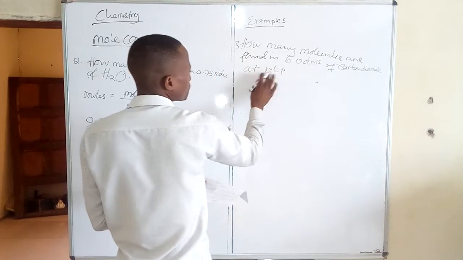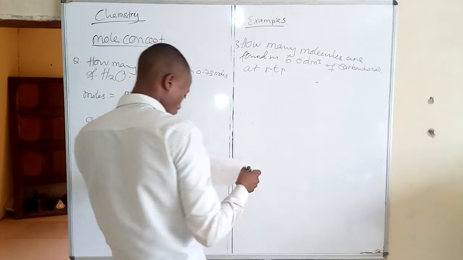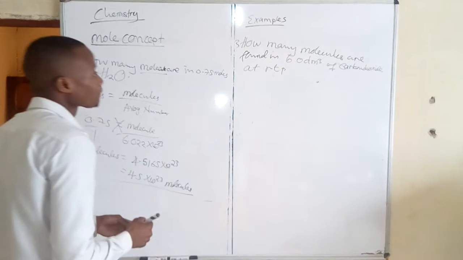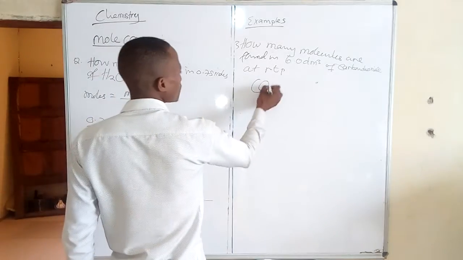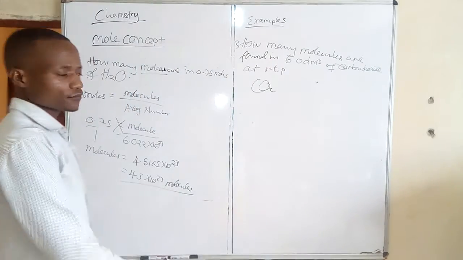RTP stands for room temperature and pressure. So how many molecules are found in 6.0 decimeter cubic of carbon dioxide? So here we don't have the number of moles. We have been given the volume of this carbon dioxide gas, CO2.